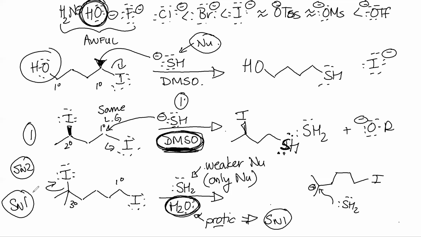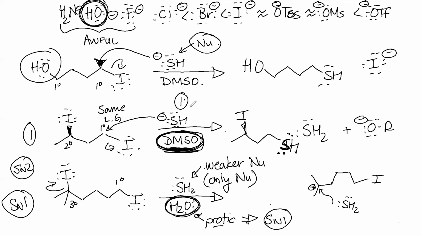SN1 will have species that are really best at being nucleophiles, but they don't have to be super nucleophiles, right? They just have to be something which can only be a nucleophile. That would be the best way to promote this. So sulfur is a really good example.